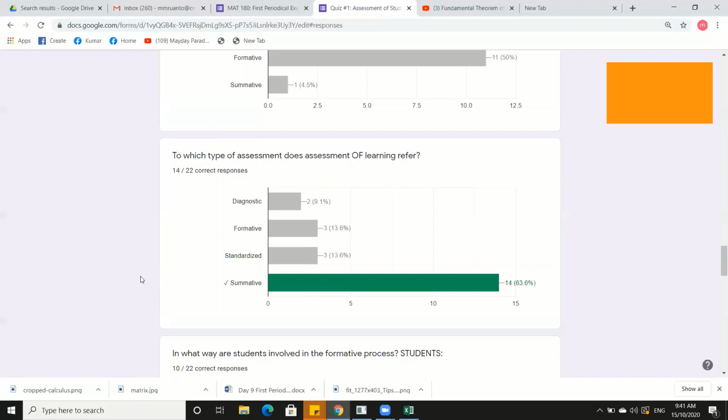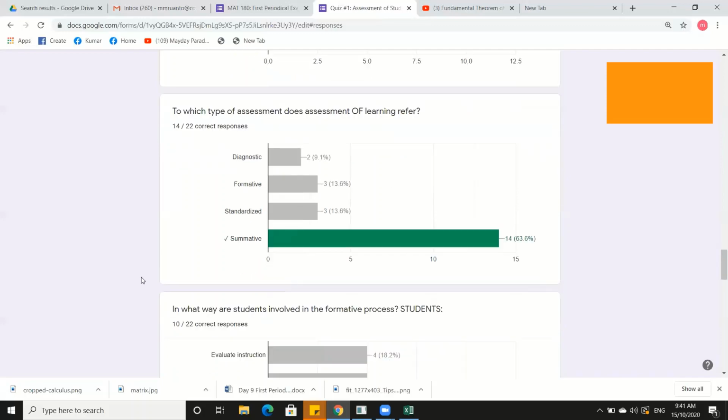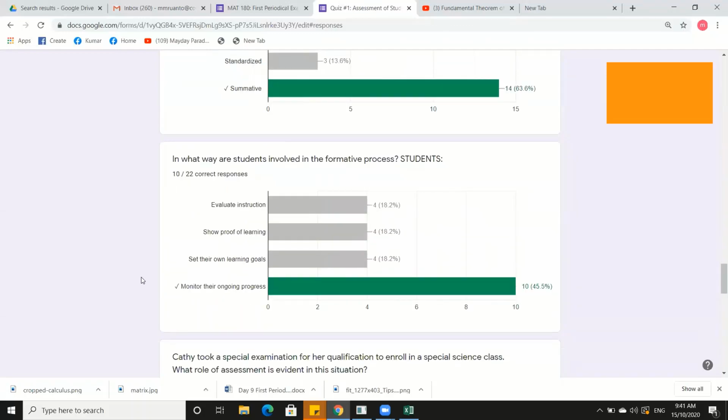Pero the best answer for assessment for learning is diagnostic. Assessment as learning is more of a self-assessment. So for this item, we will go with the summative. Okay, let's proceed with the next item.